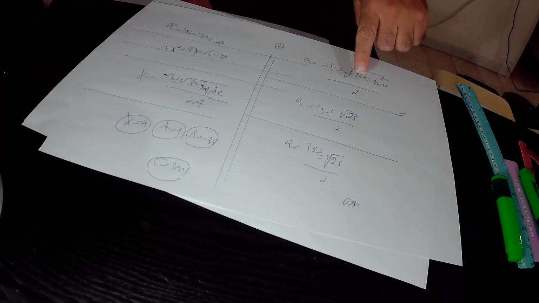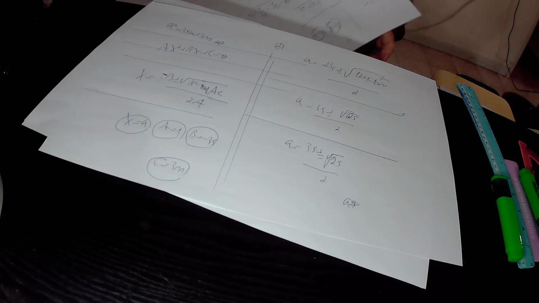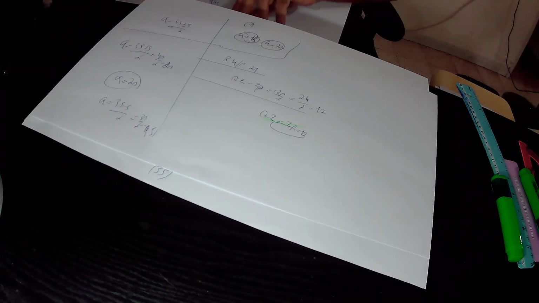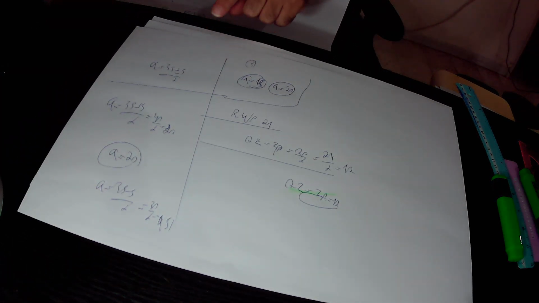The square root of 25 is 5. So in total, a equals 35 plus or minus 5, over 2.